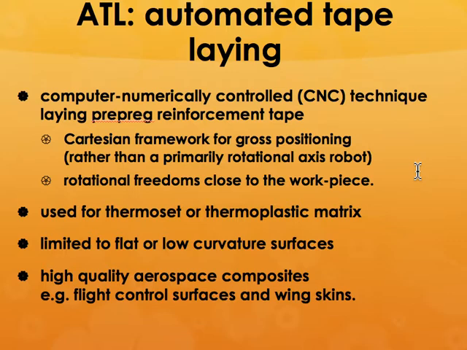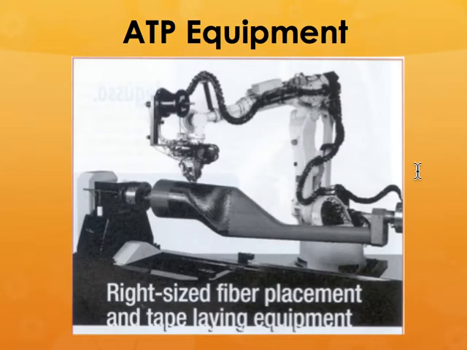So you can have pretty large components made by this technique also, and most of the time this is used for things like flight control surfaces and wing structures and things like that.